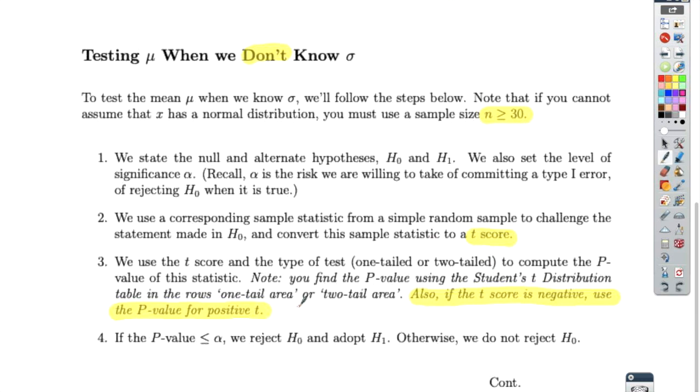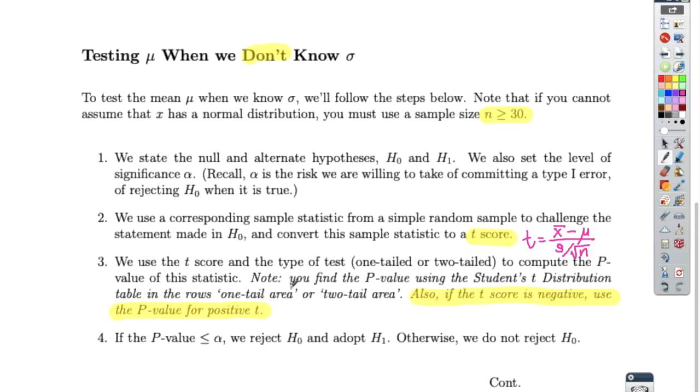And I would just add two more little notes in here. First of all, the formula for converting an X bar to a t-score is almost the same as the z formula: X bar minus mu, except instead of sigma over the square root of n, now we're going to use S over the square root of n.